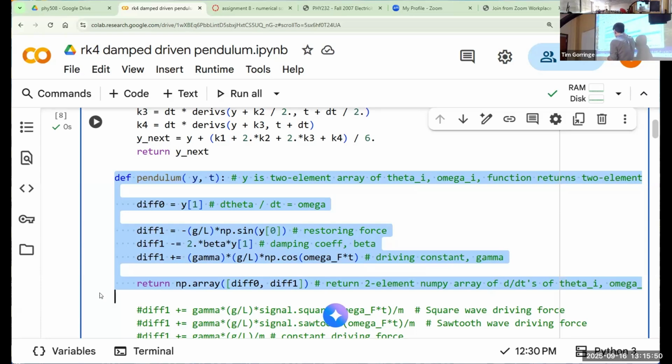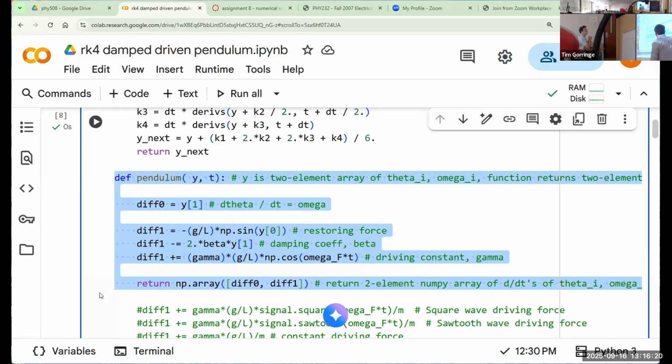Then I'm going to add in the damping force. Remember in the equation, we used this quantity beta as a damping constant, and it appeared as -2 beta times the angular velocity of the pendulum. So here I've got -2 beta times y1, which is the angular velocity of the pendulum. That's the effect of the damping force.